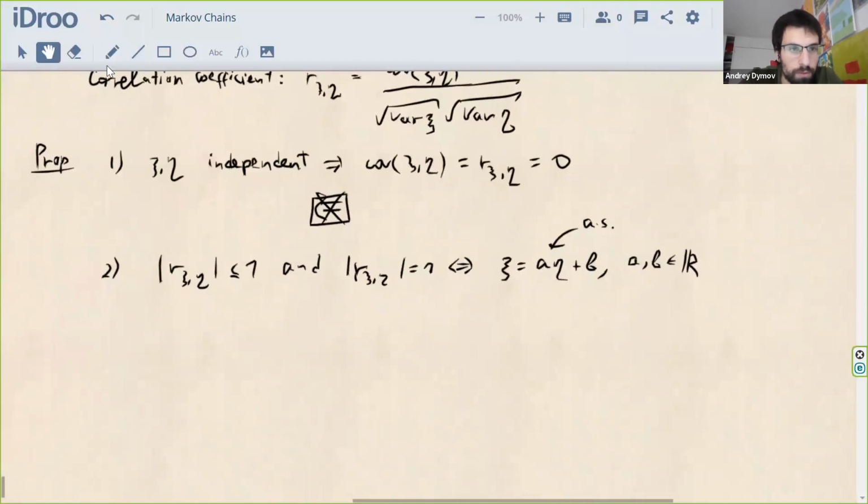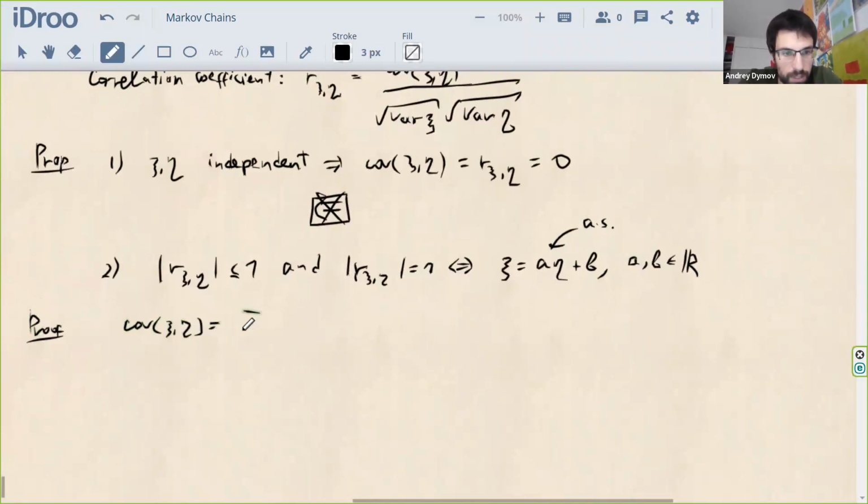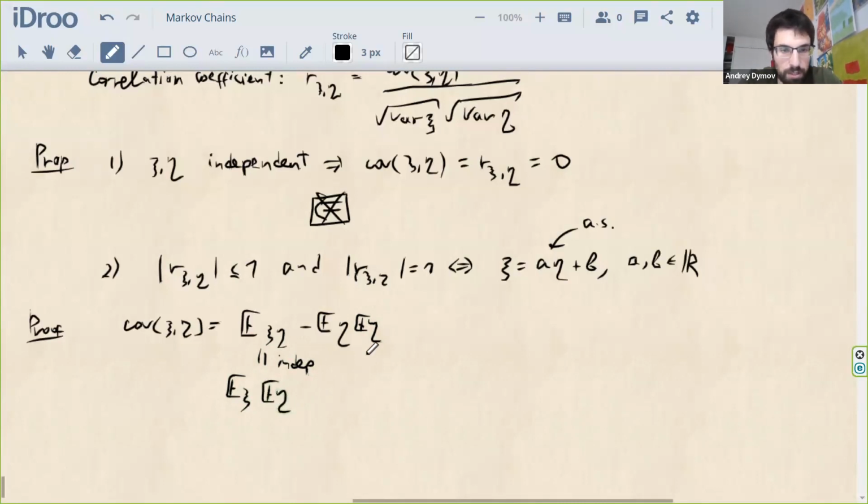So let me prove the first assertion. I just compute the covariance of the two random variables. I can write down this shortened formula. But since the random variables are independent, the expectation of the product equals the product of the expectations.